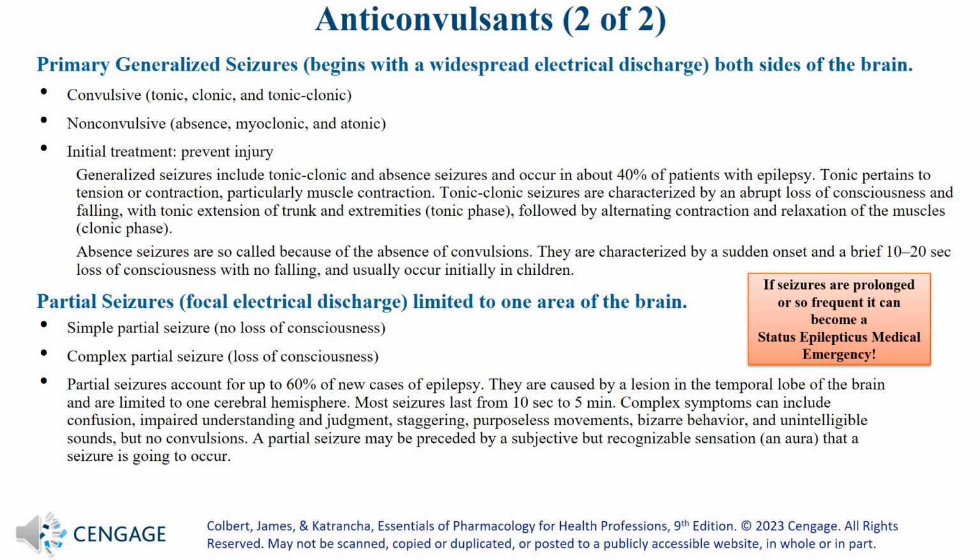A partial seizure may be preceded by a subjective but recognizable sensation, which is an aura, that a seizure is going to occur. Let's make sure that we read the clinical connection on page 452 in your ebook. And let me just leave this with you. Febrile seizures are the most common childhood seizure disorder, occurring in approximately 3% of children ages 6 months to 6 years.